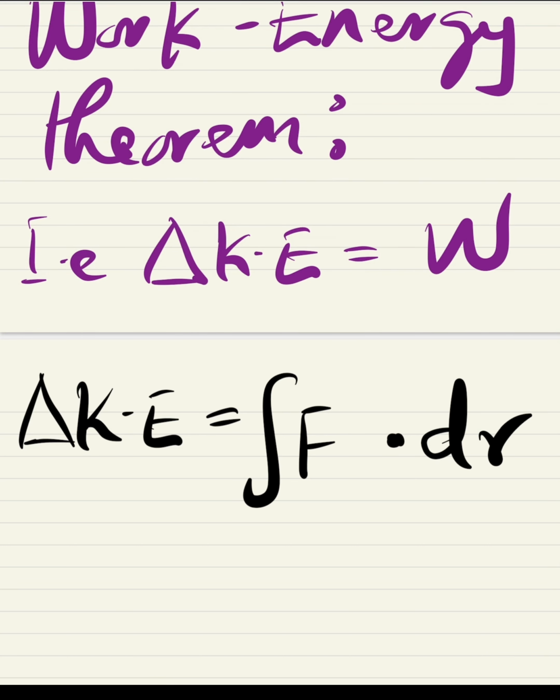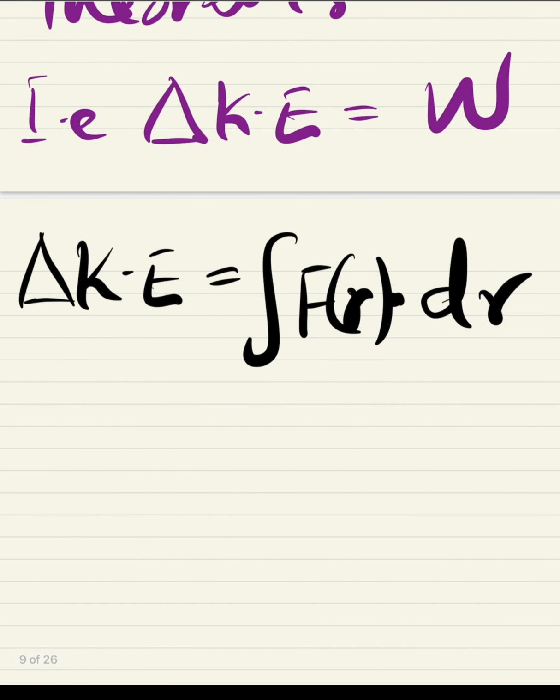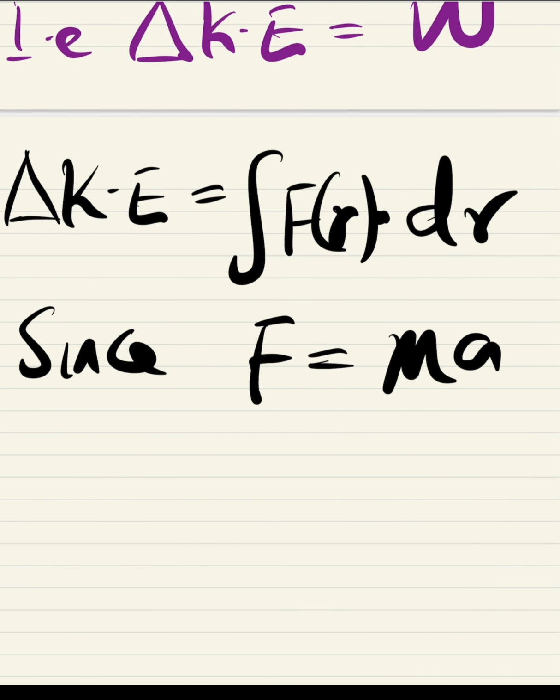Which is a displacement. But you know that this force now will also be in terms of r, how we write our terms here in integration and differentiation in calculus generally. So once you have this, you still recall that since F is equals to MA, right?